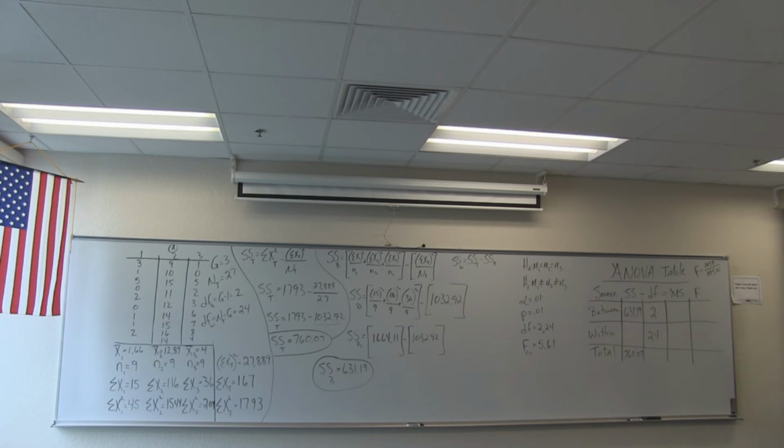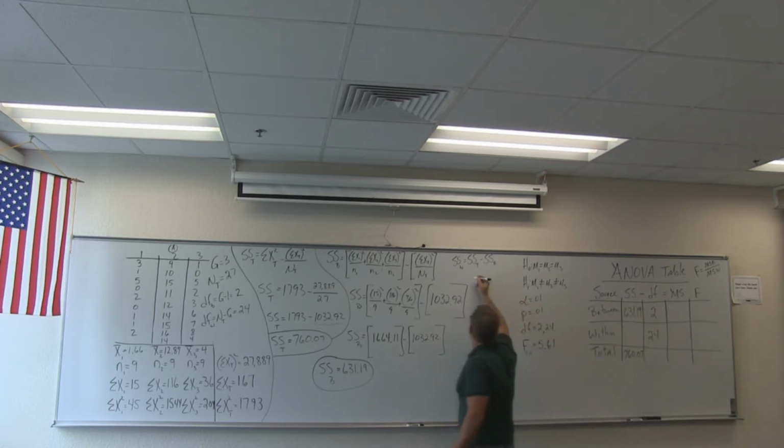Great, we're actually almost home now. And if we remember, and if you look in chapter 12, between plus within equals total, right? Between plus within equals total. So given that, we can actually back ourselves into SSW.